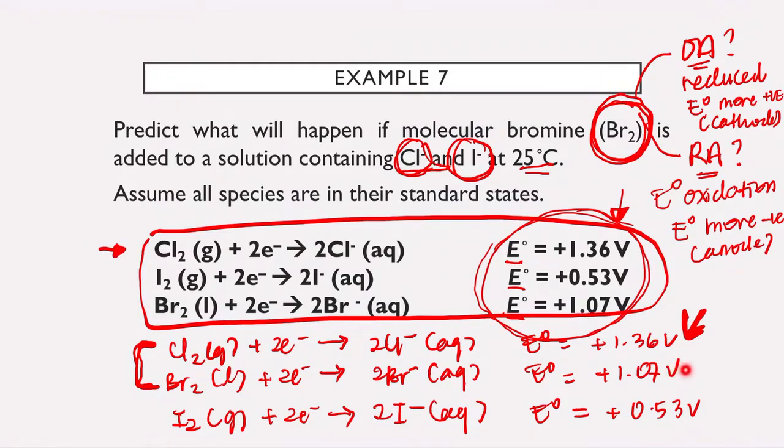That means it will be able to oxidize I minus, helping I minus to undergo oxidation while it undergoes reduction. So basically you must understand how to explain using your values of standard reduction potential.